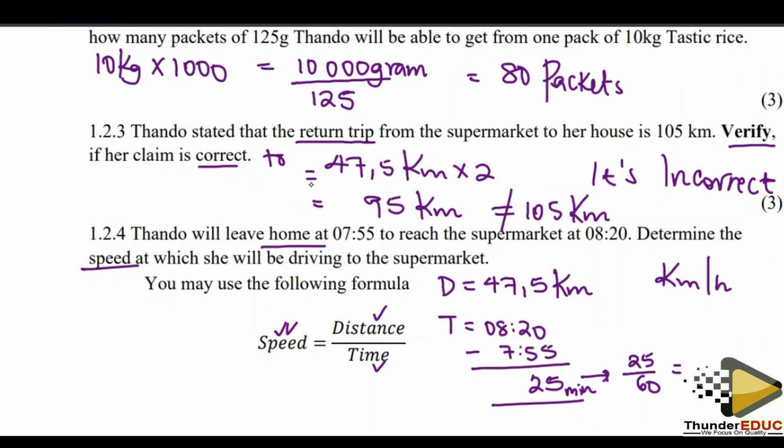Whereby you get 0.4, I'll round off to 0.42. So this is time now, these are hours.